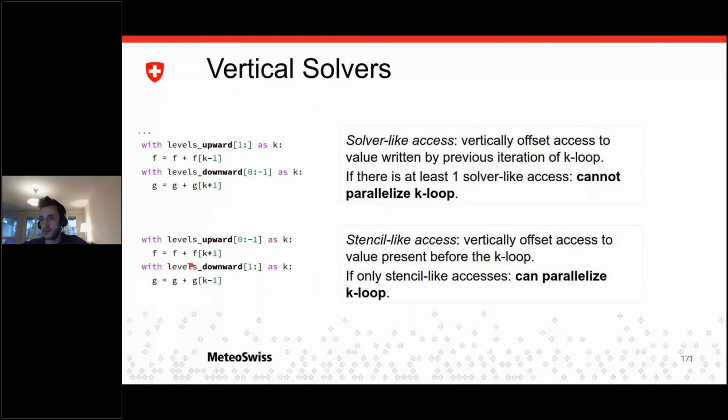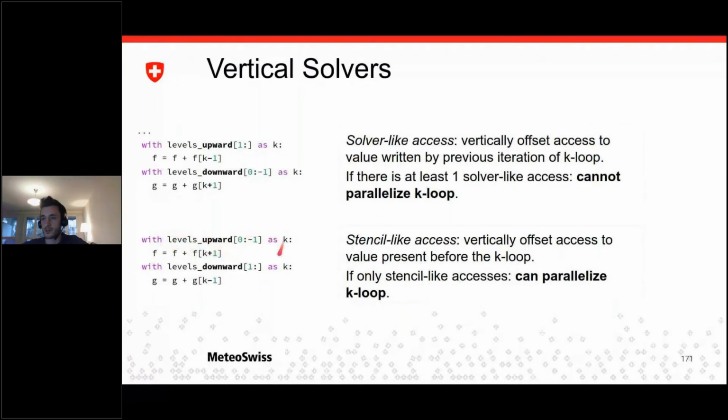While instead, if you look at the value above when you go upward, or below when you go downward, you are looking at the value which was there before the start of the vertical region. So this means you can basically parallelize, because, well, you still need to ensure the copy semantics here.